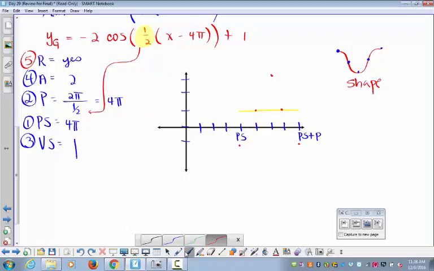So those are the 5 guide points for the cosine function. That's going to be a dashed curve. It's a little crooked there in the middle, but that's fine.